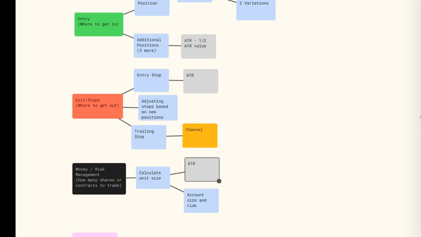You risk an amount set to a choice between 1 to 5% of your risk tolerance, and you trade an amount based on where your stop is going to be in coordination with how much you're risking. And so all of it fits together into a very robust trading strategy.